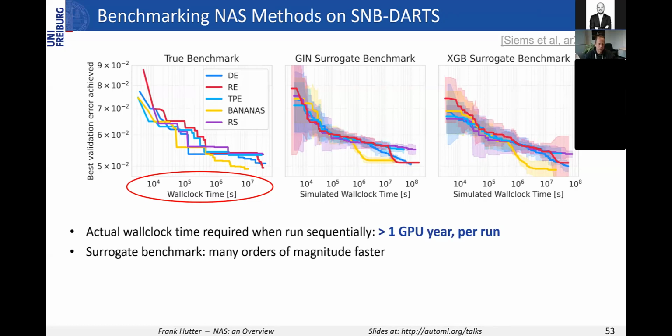So, for example, regularized evolution takes a while and then gets good performance. Same here. BANANAS from fairly early on does quite well, and things like that. And random search is always amongst the worst.